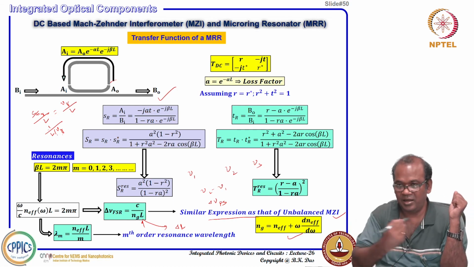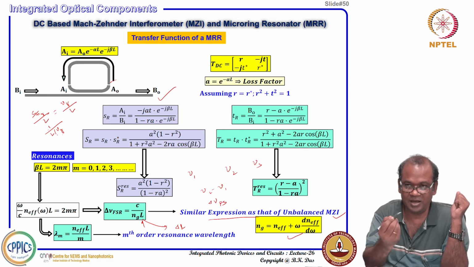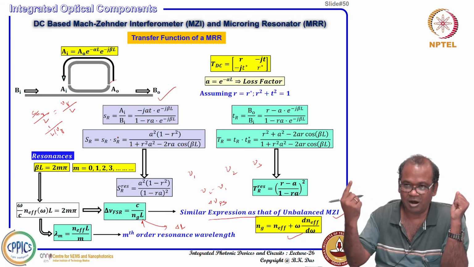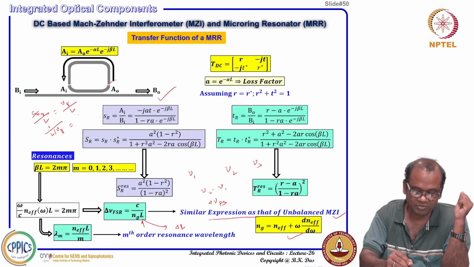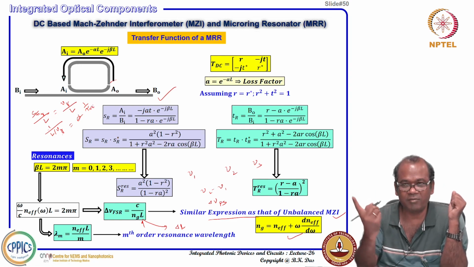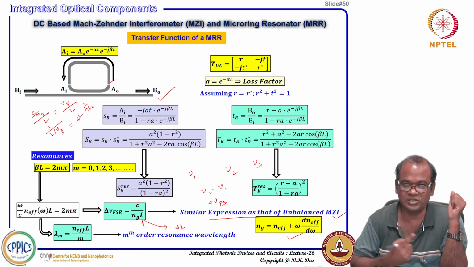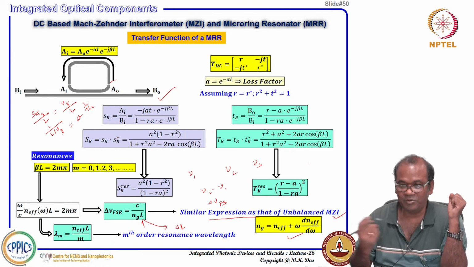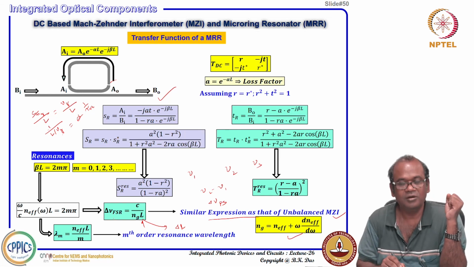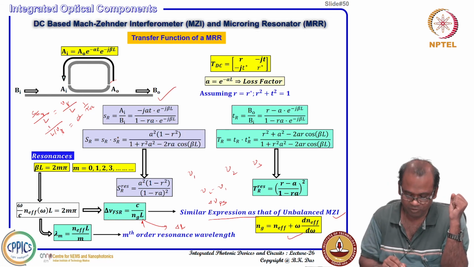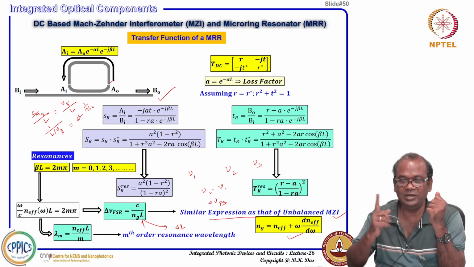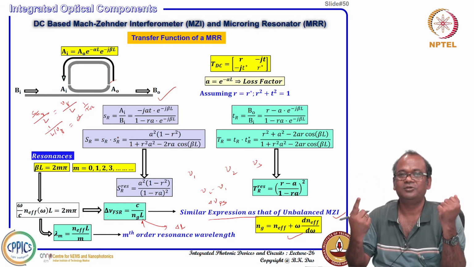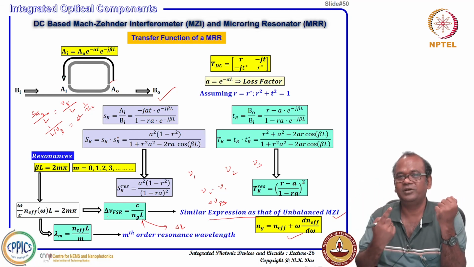So perimeter length divided by group velocity means the round trip travel time. That round trip travel time we can consider as 1 over tau round trip, the round trip travel time of any information or message inside the ring. So if you know that round trip travel time, you can find out the free spectral range, or if you know the free spectral range, you know how much time it takes to travel one round trip inside the ring.